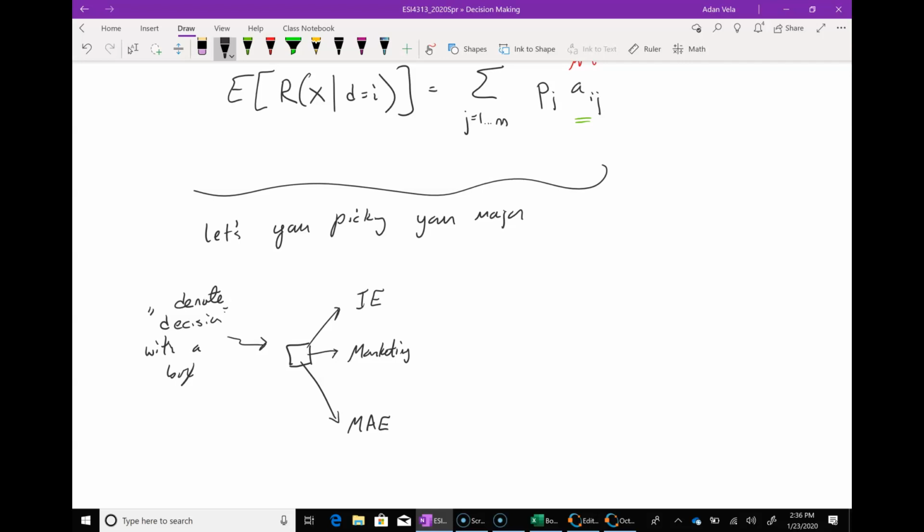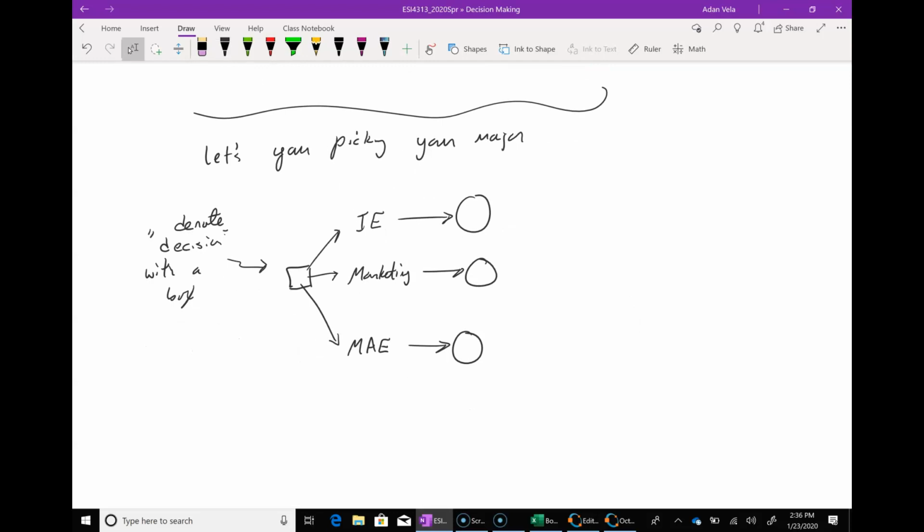So the first decision that we have here is what major you choose. But then we have some outcomes, right? Which is, what is the probability that you end up keeping your major? Usually in our decision trees, when we have a random event, we represent it with circles.